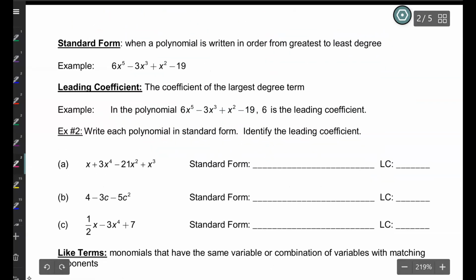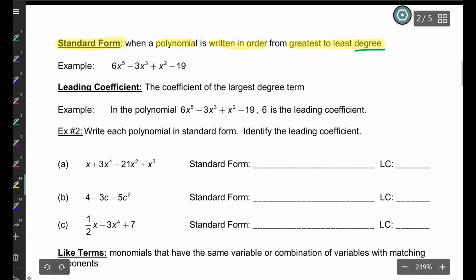Okay, next page, page 2. So next we want to look at standard form. I know there's a lot of definitions in here. You just want to make sure you understand when I ask, write it in standard form, what does that mean? So standard form is basically putting the polynomial, so when it is written, in order from greatest to least degree. Again, focusing on the degree, not the actual coefficients or numbers.